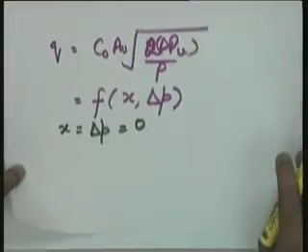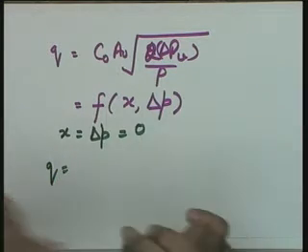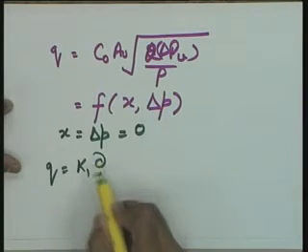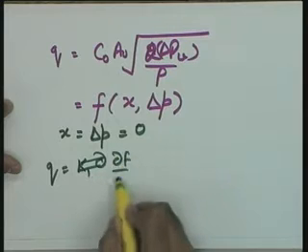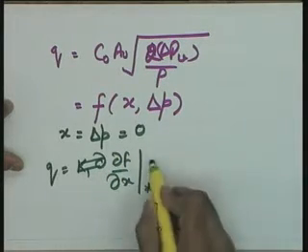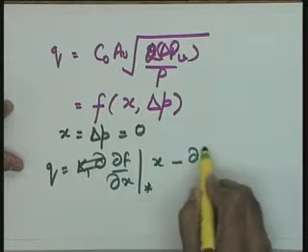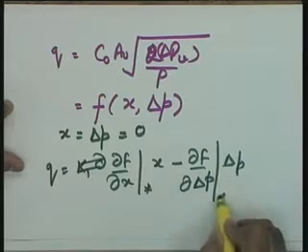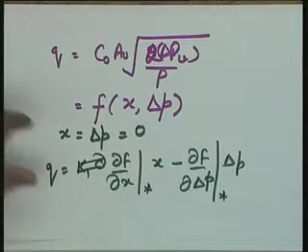So it means that if the perturbation is small, which is what we have been doing all through, around the equilibrium point, if I take a small perturbation, I will be able to get a linear model, and the linear model will look like Q is equal to K1 into df by dx with respect to x, minus df by d del P into del P, with these derivatives evaluated at the equilibrium point.